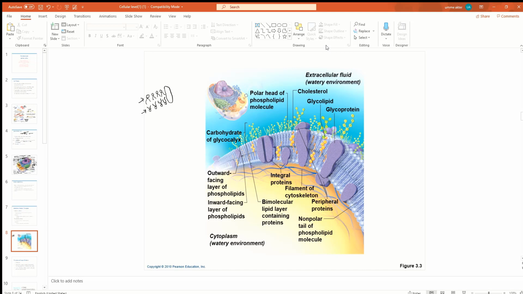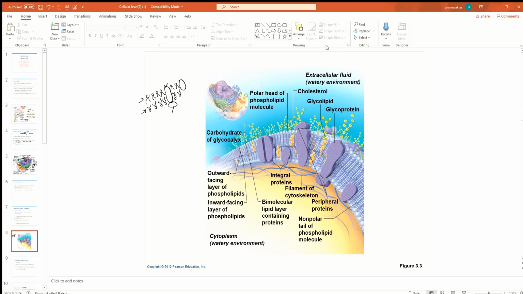This is a protein. Some protein structures pass all through the phospholipid bilayer like this one, and this is called the integral protein. Some proteins are attached to the integral protein, and this is called the peripheral protein. Integral proteins are deeply inserted.